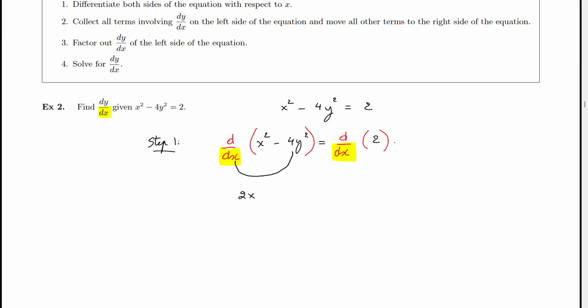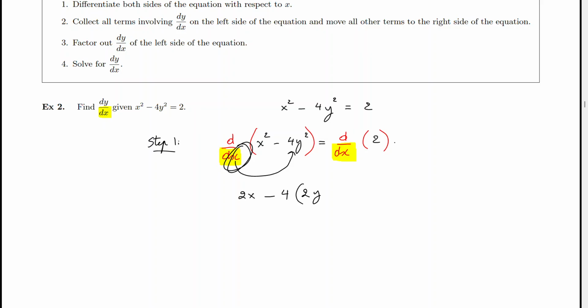Now moving on to the next term, we have a negative, so we'll put it there. We have a 4, so we're just going to write it down, and now we have y squared. What's the derivative of y squared with respect to x? Well, normally the derivative would be 2y to the power of 1, and I'm not going to write the 1.